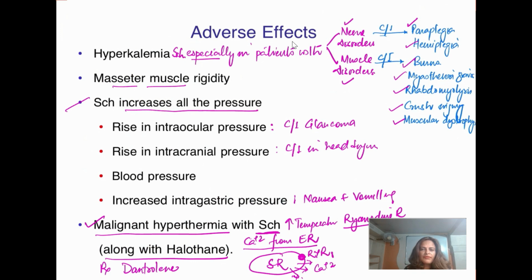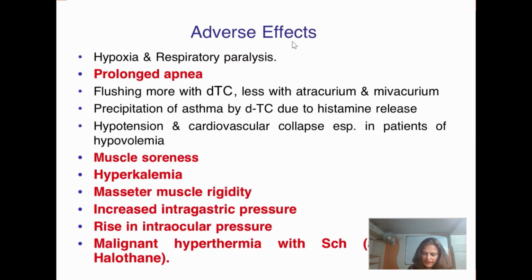Today we have covered the therapeutic uses and the adverse effects. In the last slide, the red color which I have shown is the adverse effect mainly seen with succinylcholine. Hypoxia and respiratory paralysis are with the non-depolarizing agents, but prolonged apnea is with succinylcholine.